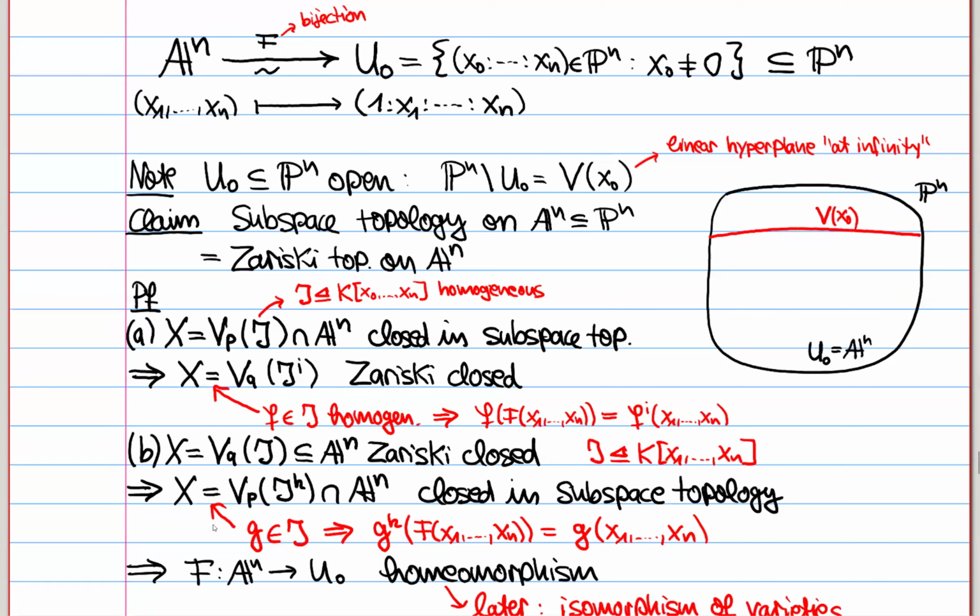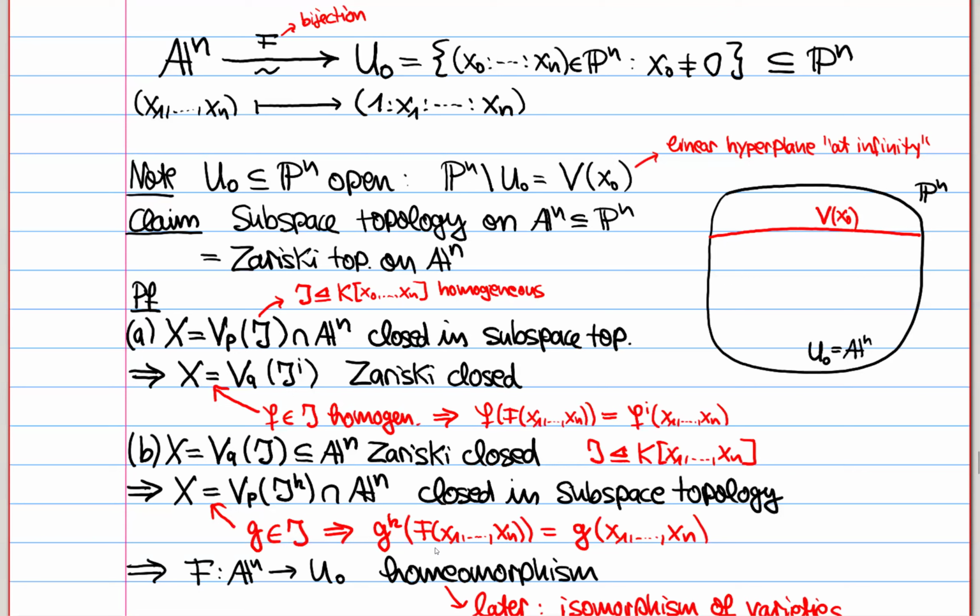And so for this, well, you see X inside An is cut out by these elements g in J. And then the claim is, well, g at all of these points, this is the same thing as first applying F at these points and then the homogenization.